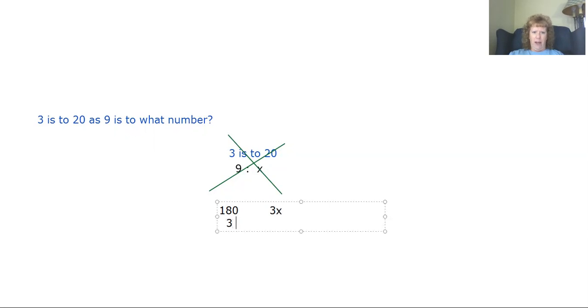If we divide both sides by 3, so that we can get the 3 away from the x, 180 divided by 3 is 60. So 60 is equal to x, and we found the missing number.